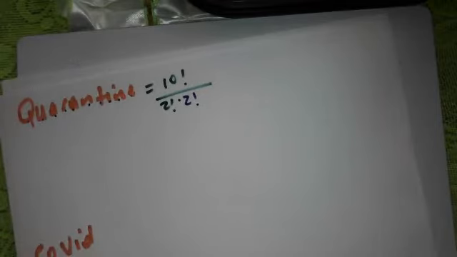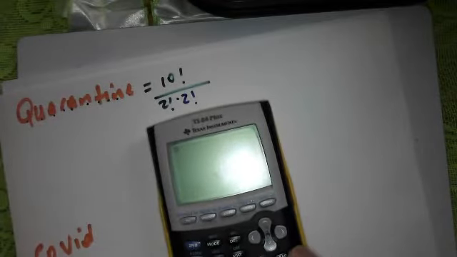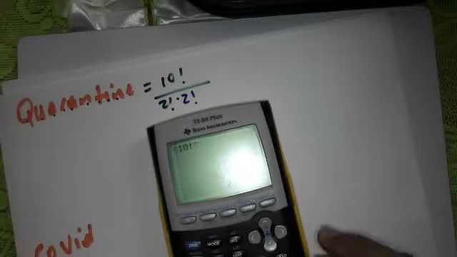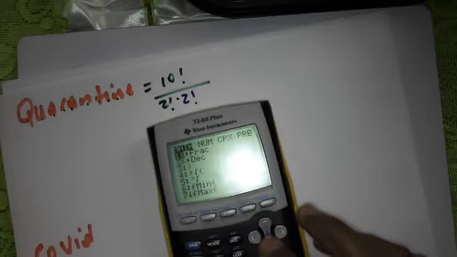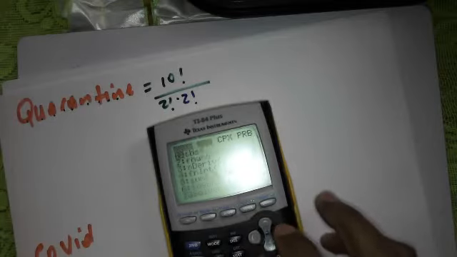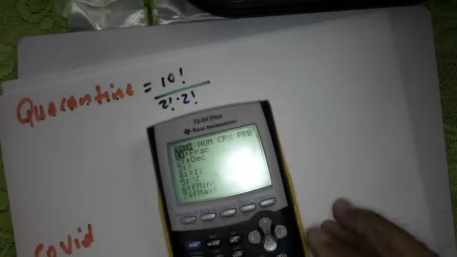So this, we're just going to put it in our calculator, because you all know how to calculate by hand. So it would be parentheses 10 factorial divided by 2 factorial times 2 factorial.